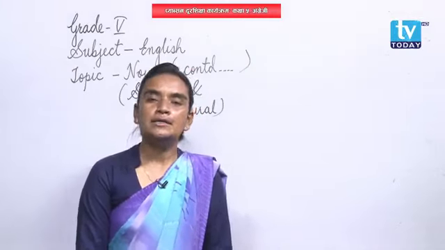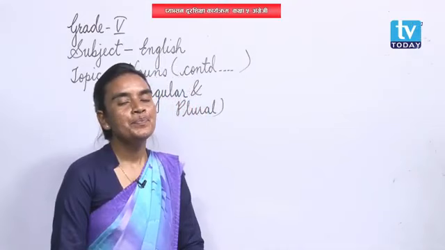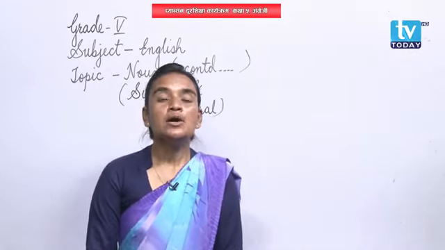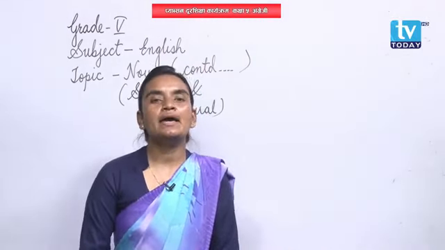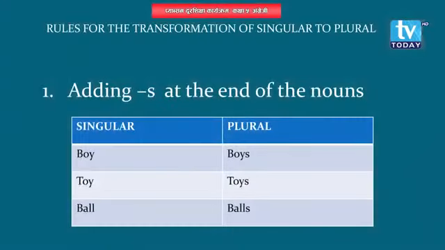So dear children, the first one, you can have a look on the slide too. The first rule to transform singular to plural is simply by adding s. Some more examples you can get to make the singular noun into plural noun. The example we can get is bird, birds. There may be different examples in the slide, but you can try to get the idea.